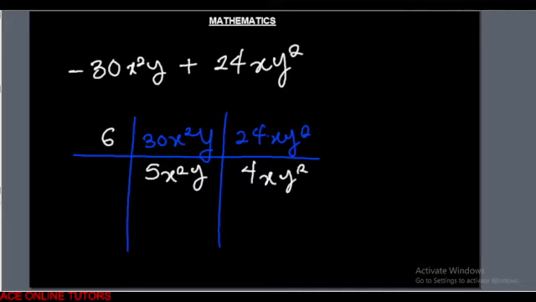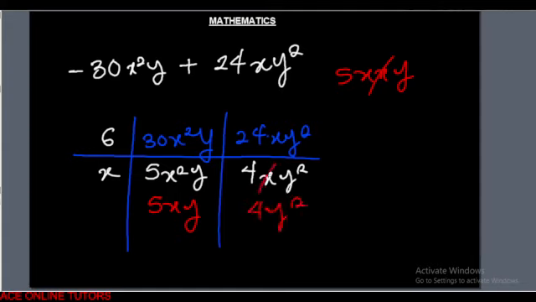What can divide the 2 again? X can divide. So x goes here, you are left with what? 5xy, because 5x squared y is 5x x y. So 1x is now going, so you are left with 5xy. Now 4xy squared will become 4y squared, because 1x will go.